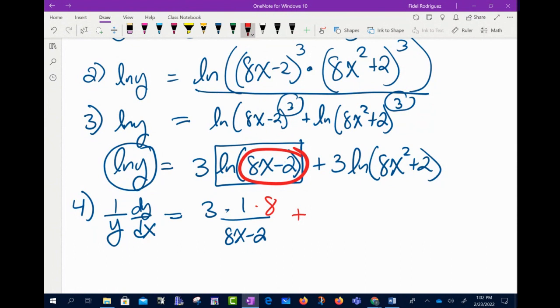It's being multiplied using our properties of logarithms. So look, same thing for the next part. I'm going to write 3 times 1 over 8x squared plus 2 times the derivative of what we have inside. So anybody know the derivative of 8x squared plus 2? 16x. Excellent. There you go.